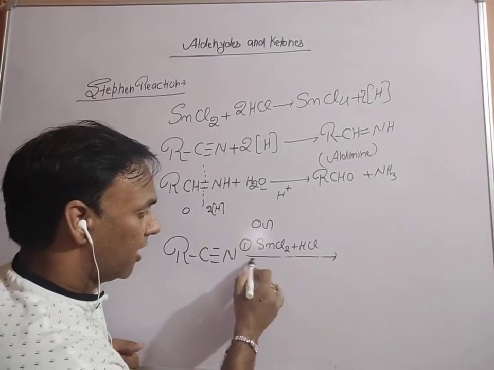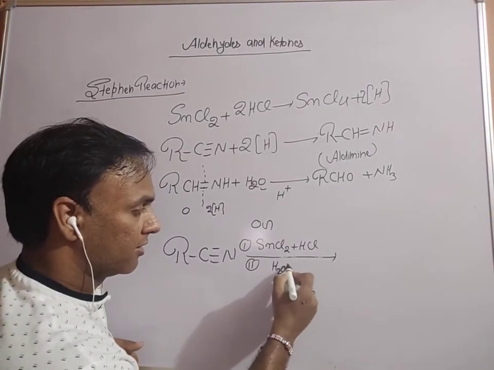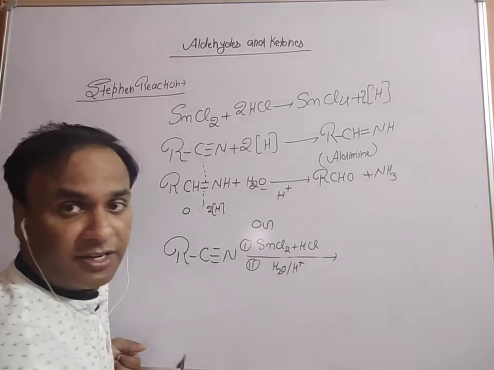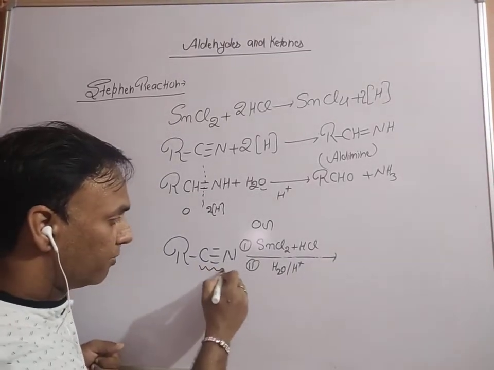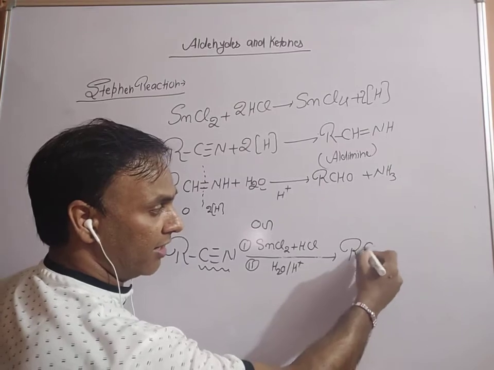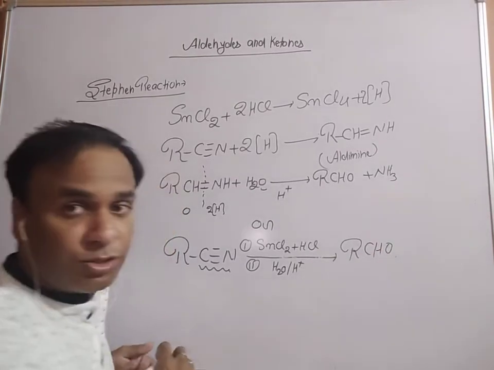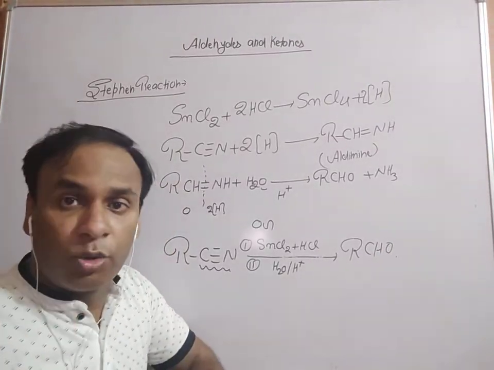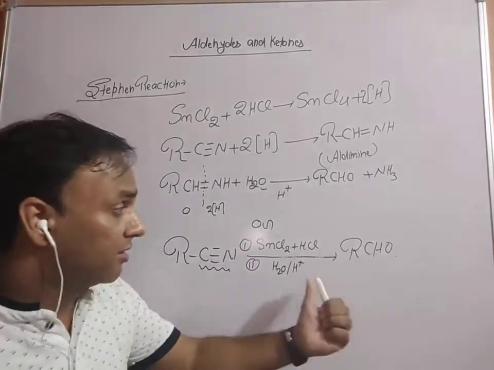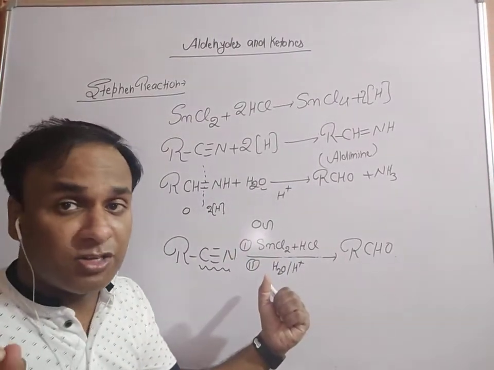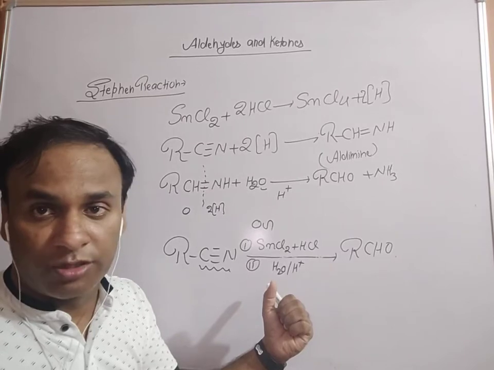Clear? And hydrolysis in the presence of acidic medium. So the cyanide group turns into aldehyde, that is RCHO. Listen, ketone is not obtained by this method. Stephen's reaction is only valid for aldehyde molecules.